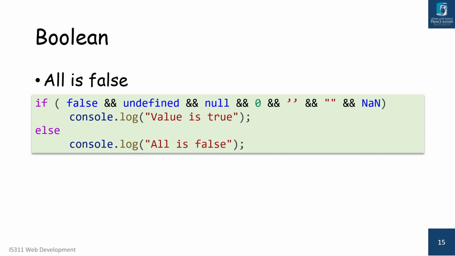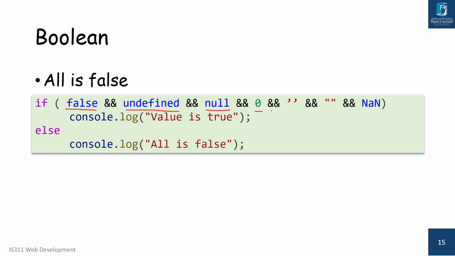Then we have boolean values. Everything that is here is considered false. If it is false, of course it is false. Undefined, whenever we use it inside a conditional statement, will be considered false. Null is also considered false.